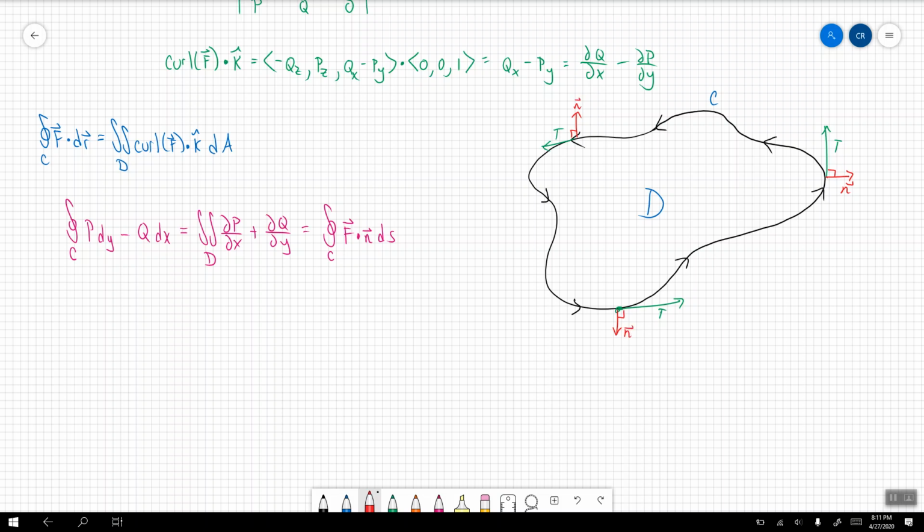There we are. So what I'm going to do really quickly is start defining that I'm going to have some r of t vector function, with x of t in the i component and y of t in the j component.